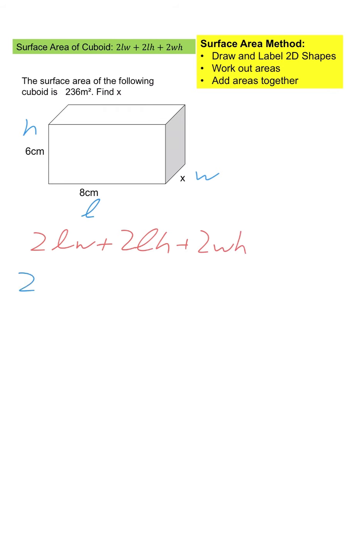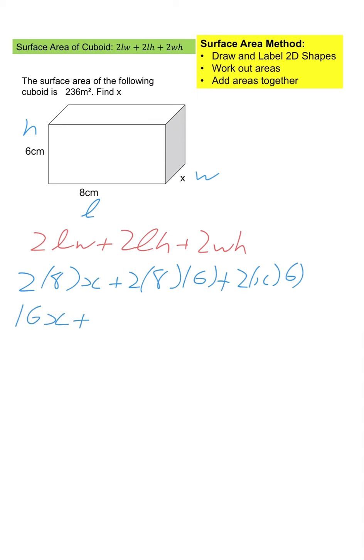So I have 2 times 8 times x plus 2 by 8 times 6 plus 2 times x times 6. Okay, so that'll be 16x plus 96 plus 12x. And all of this then is equal to 236, because 236 is our area.